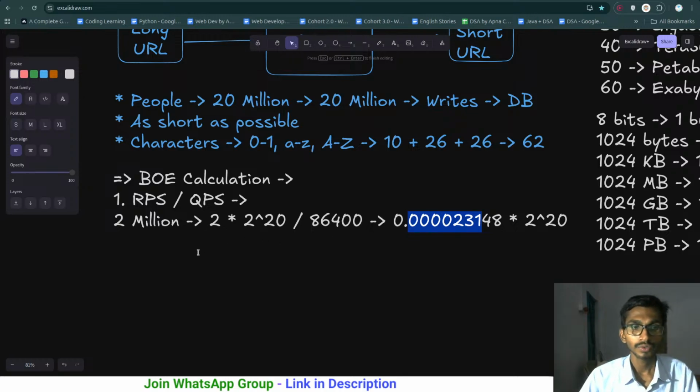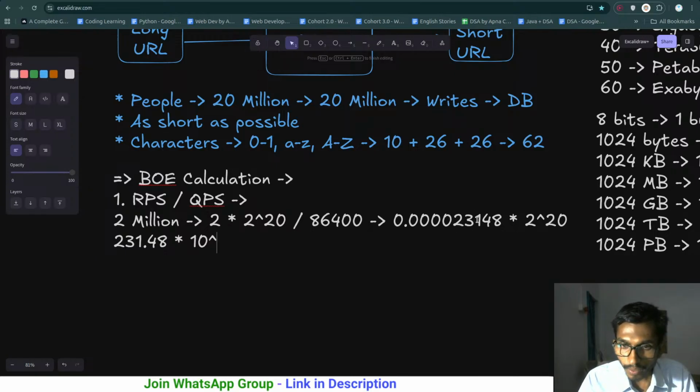Okay, that simply means if I write it like this, 231.148 multiplied by 10 to the power, of course, how many digits have we come back? 1, 2, 3, 4, 5, 6, 7, so 10 to the power minus 7, multiplied by 2 to the power 20.